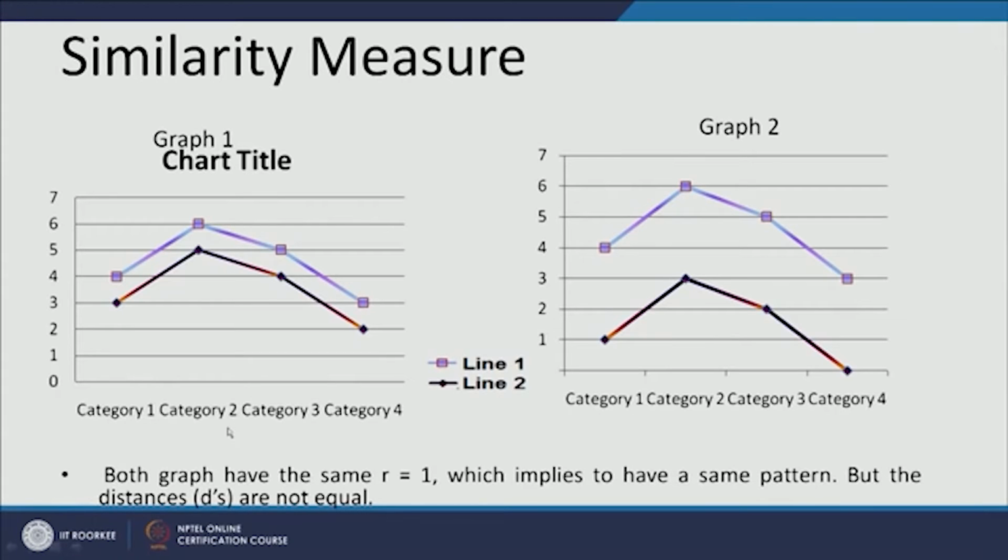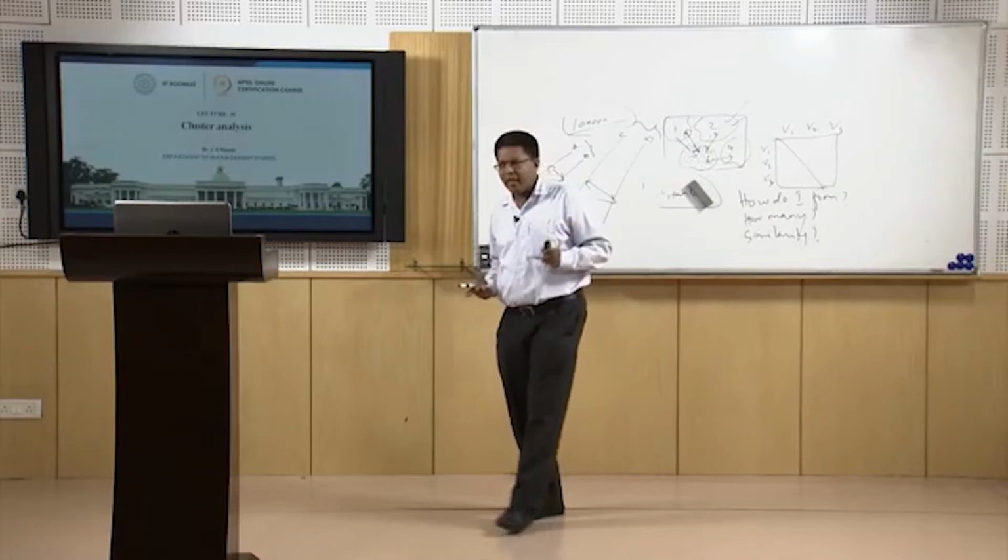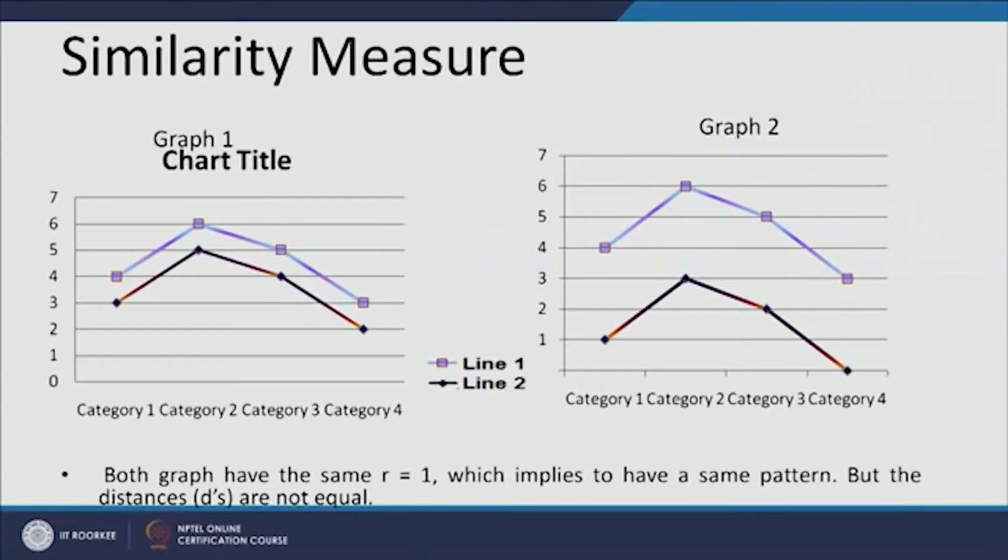Okay. Now, this is what I was trying to explain. If you look at the two graphs, graph 1 and graph 2, in both the R is equal to 1. What is R? The correlation value. The coefficient of correlation is 1, which means they are highly correlated, implying the same pattern, but the distances between these and the distances between these are not equal.